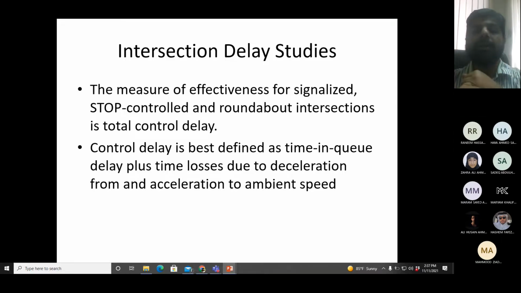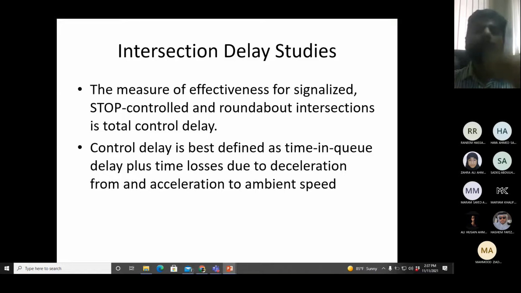Another part of control delay is deceleration before you join the queue. Before you come to the stop line or join the other cars, you have to decrease your speed, otherwise you will not be able to stop, you will have an accident. So this deceleration is part of control delay. When you cross the stop line, you have cleared the intersection now, so you will try to accelerate. There is no barrier or restriction in front of you.